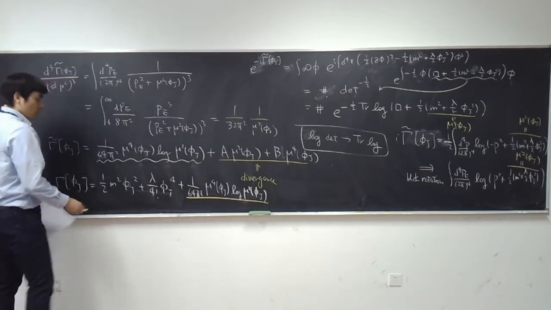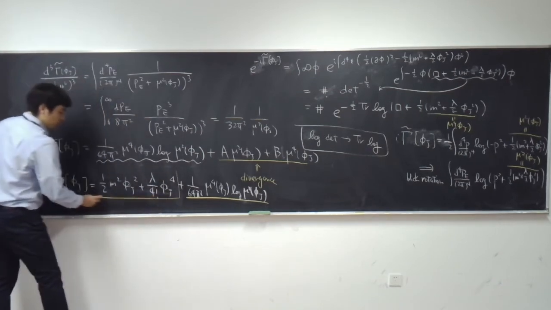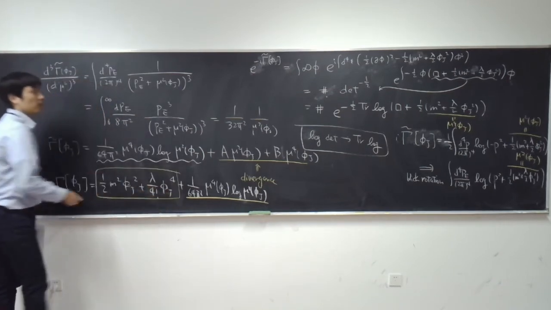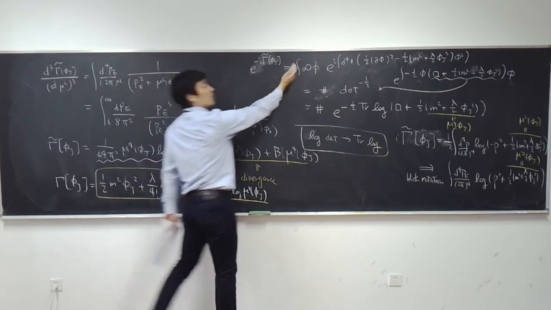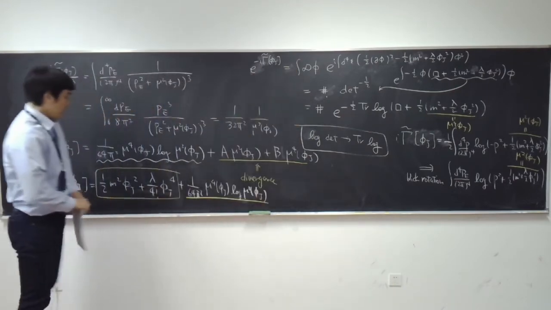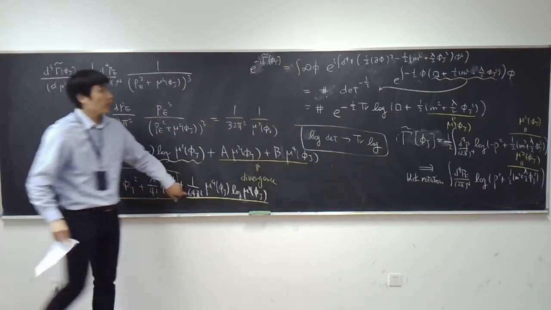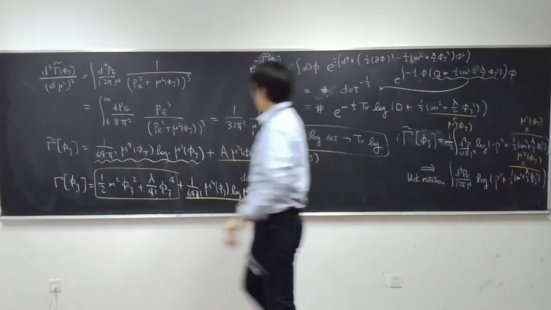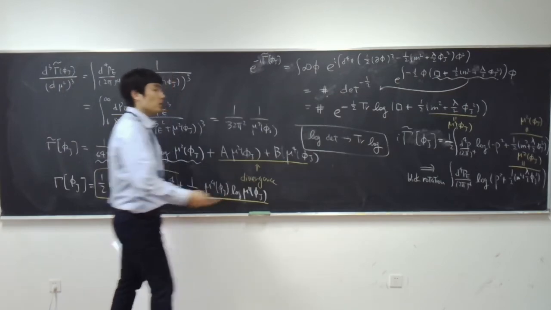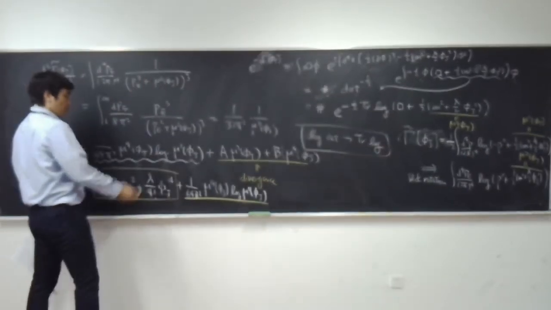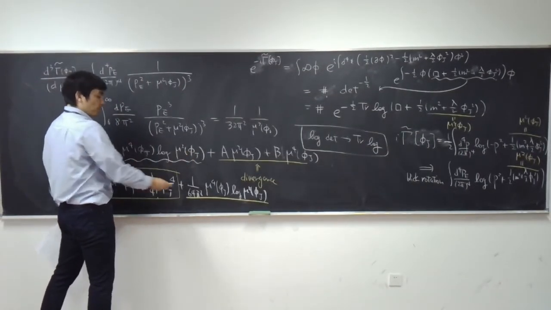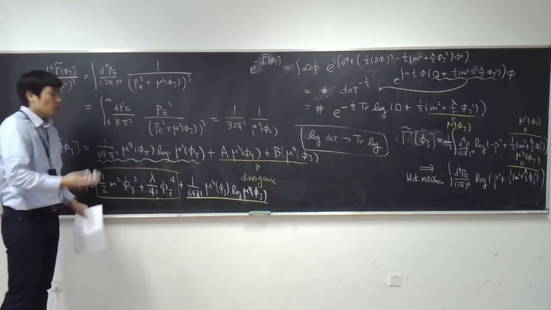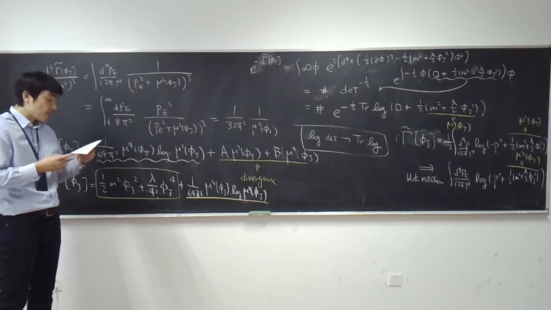So this part is the classical one, which I have kept outside the path integral, and then the one-loop correction really comes from the Gaussian integral you perform here, and this divergent part cancels with the counter term, and then what's left is this one-loop effect. So this is the one-loop contribution to the effective action, the 1PI effective action.